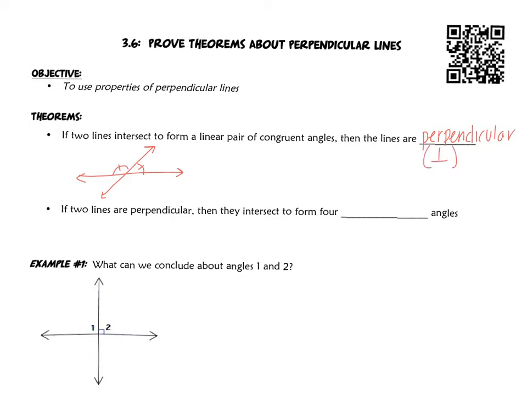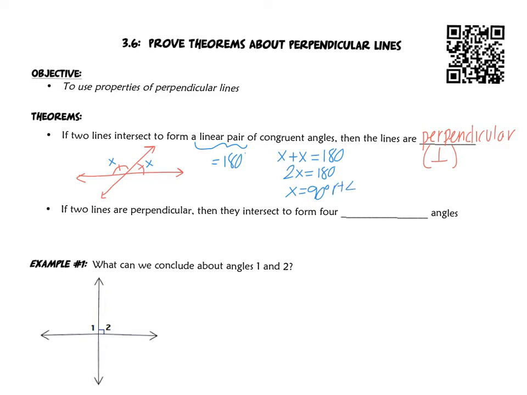The reason I know that is because a linear pair adds up to 180 degrees, and congruent angles means both these angles we can call x. X plus x has to equal 180 degrees. 2x equals 180. That means each angle x is 90 degrees, which is a right angle.